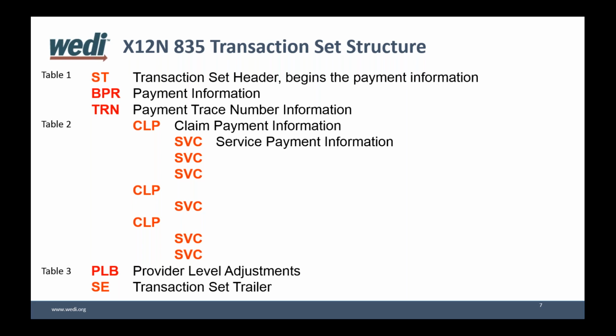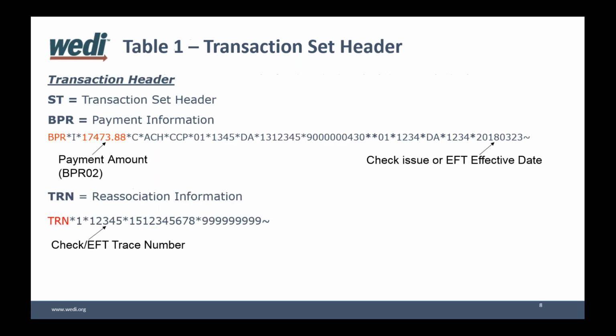This is a provider level adjustment. There may be reason to provide this information based on the claim processing. It is part of the balancing and will impact what's ultimately reported as the total payment. And then of course we end with the SE transaction set trailer. Next slide, please.